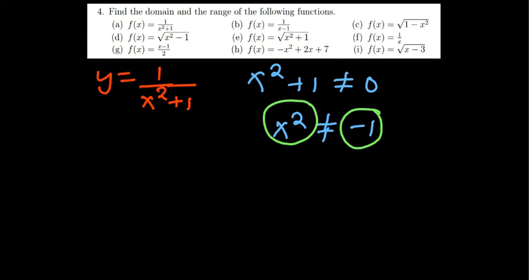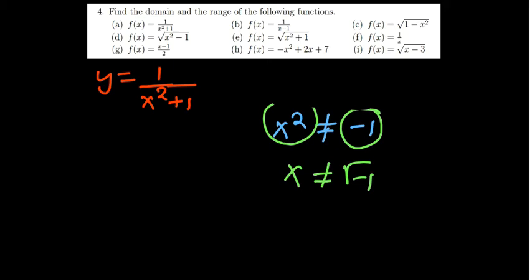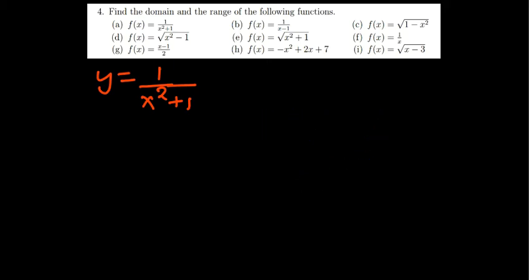If you try to find x, x would be the root of -1, so it's not possible. So there is no value of x that can make this function undefined. Therefore, the domain will be the set of all real numbers from -infinity all the way up to +infinity.